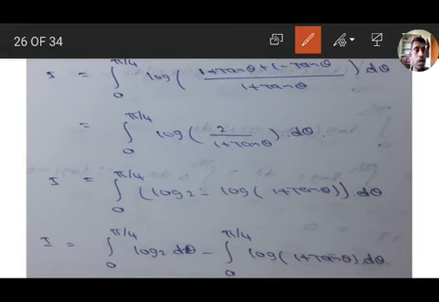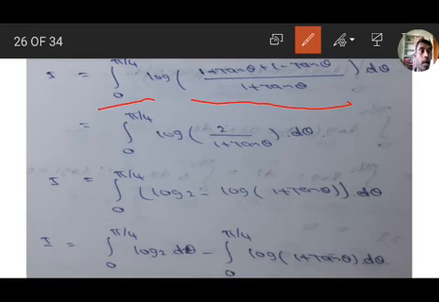Here minus tan theta and plus tan theta cancel, and 1 plus 1 is 2. So integration 0 to pi by 4 of log of 2 by (1 plus tan theta) d theta.